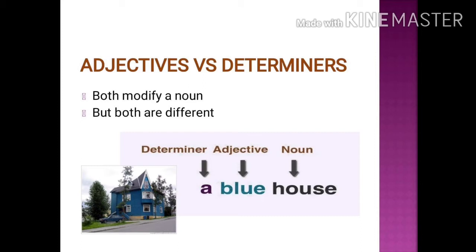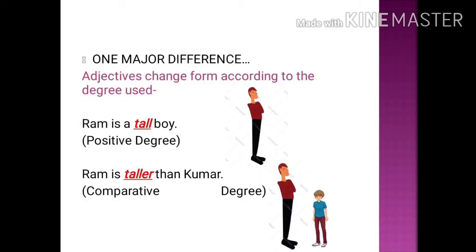Now what's the major difference between an adjective and a determiner? Children, there are many differences between an adjective and a determiner, but I want you to keep only this major difference in your mind. It is that adjectives change form according to the degree used.